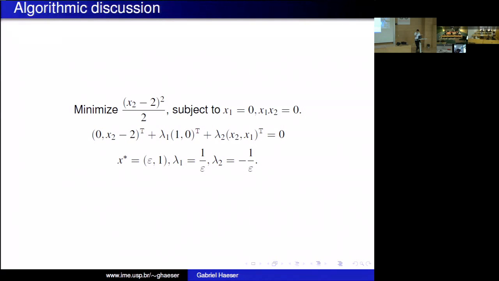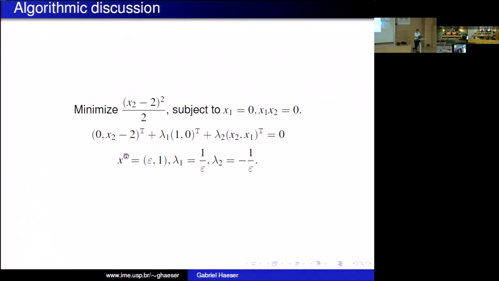The first thing is that it is almost feasible. If I take epsilon sufficiently small, my test for feasibility will be satisfied, since x1, epsilon, will be close to 0. And the product x1 times x2 will be epsilon also, close to 0, and so it's almost feasible. And if I check the Lagrange condition, this will hold also.